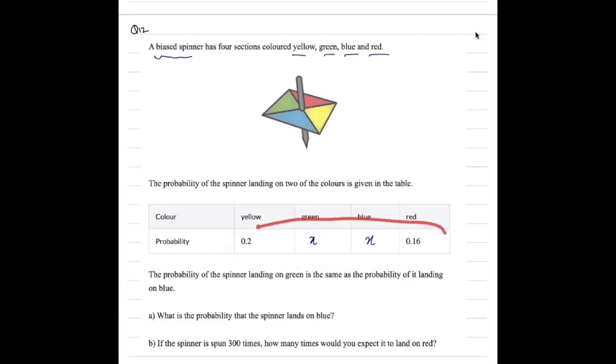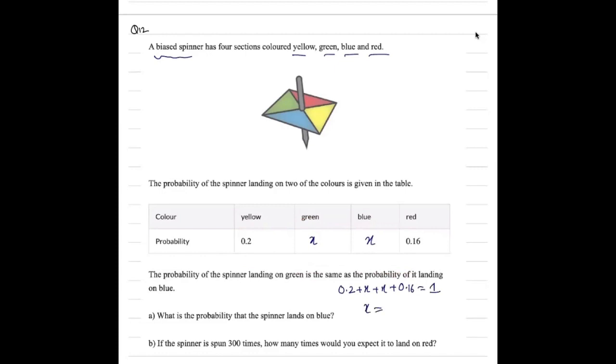So you need to come up with an equation in X to solve. The equation in X is going to be the equation containing total probability. So 0.2, probability of yellow, plus probability of green, plus probability of blue, plus probability of red, the total is going to be equal to 1. This gives you an equation in X which can be solved.